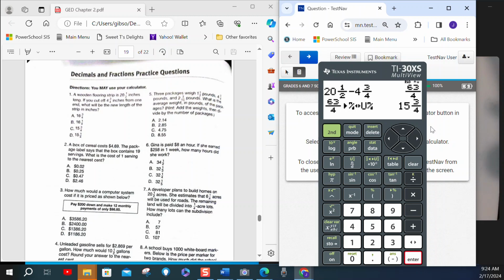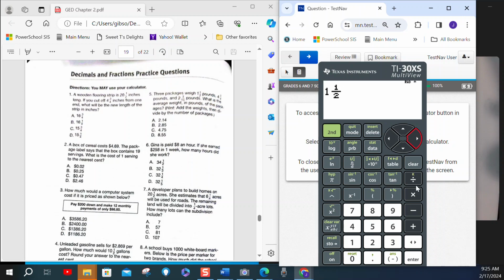Now it says here 3 packages weigh one and a half pounds, 4 3/4 pounds, and 2 1/3 pounds. What is the average weight in pounds of the packages? Now if you notice, they have the final answer here in decimal. So let's clear this out. First we'll press second and N over D. We have 1, hit the right arrow, 1, down arrow, 2.